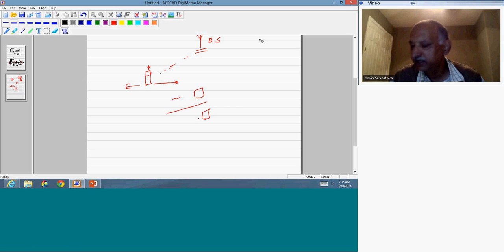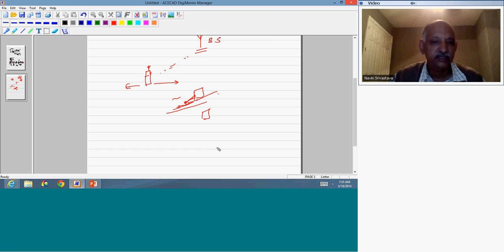So with respect to those surroundings, this handset is moving. And because of that, whatever is being transmitted by the antenna is getting reflected before it reaches the base station. And if it is going back, this path is going to change. So that is the meaning of relative to the surroundings.